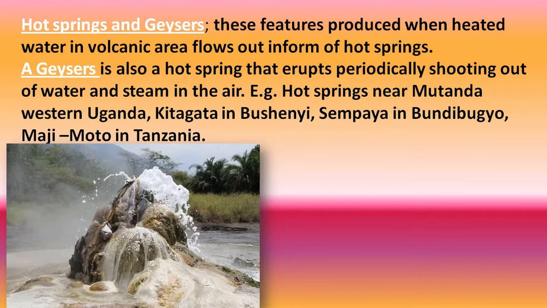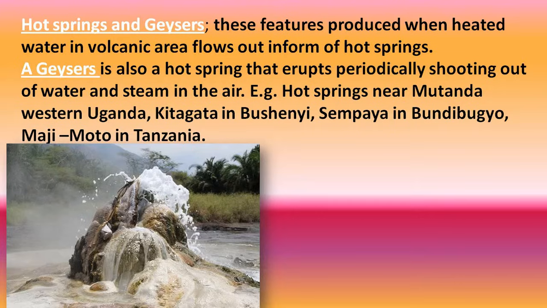Now we have others, the hot spring. These are features produced when heated water in the volcanic area flows out in the form of a hot spring. Then the geyser is also a hot spring that erupts periodically, shooting out water and steam.